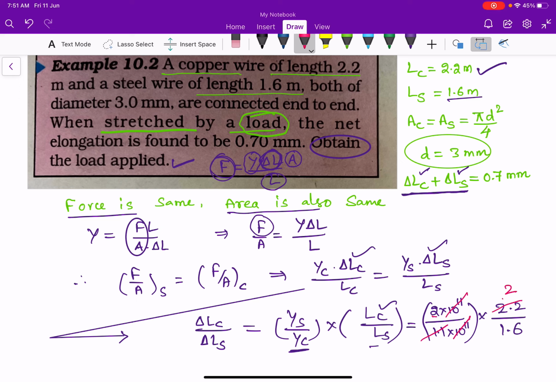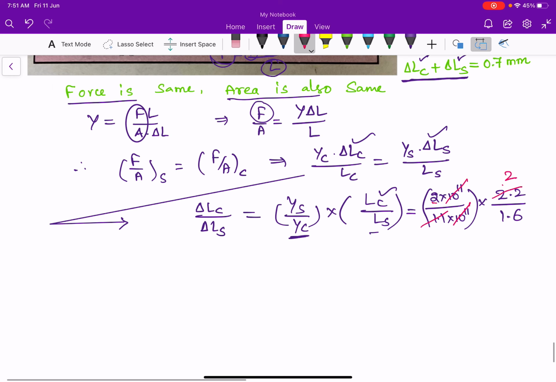So now ΔLC by ΔLS is equal to 2 into 2, that is 4, divided by 1.6. That is nothing but 2.5.